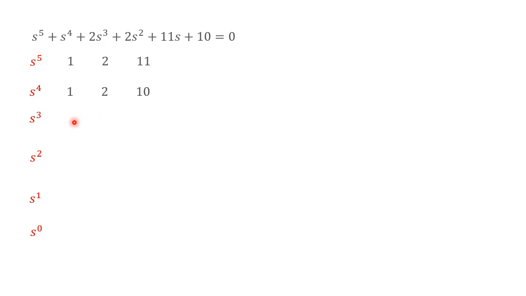Now let's count this value. For this value we have to take 1 into 2 minus 1 into 2 upon 1. So 1 into 2 minus 1 into 2: 2 minus 2 will be 0.